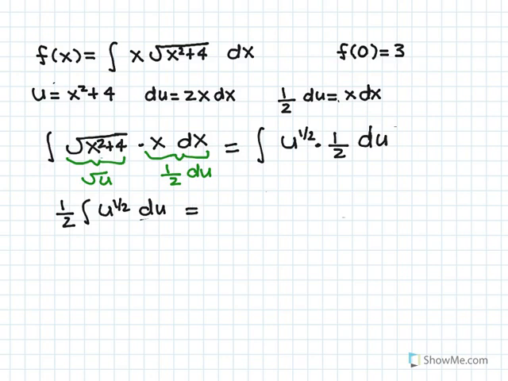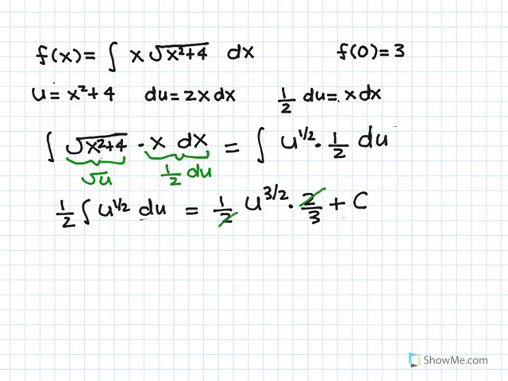And now reverse the power rule. We get 1/2 u to the 1/2 plus 1 is 3/2. Divide by 3 over 2, that's the same as multiplying by 2 over 3. And let's not forget to add plus c. Let's do some simplification.